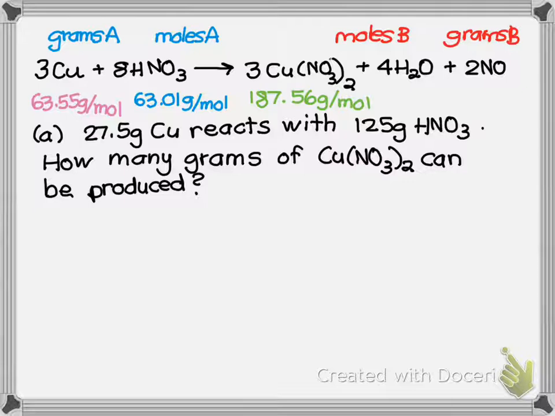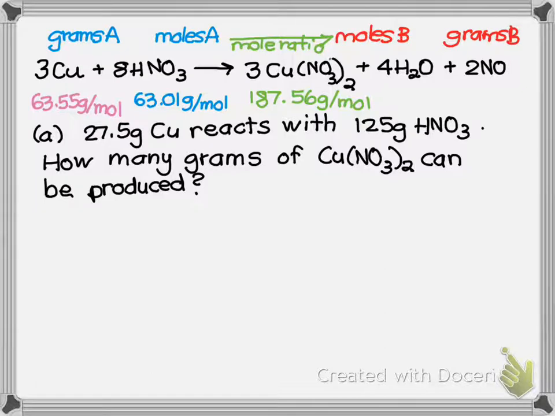Now, in order to go between these different units, to go from moles of one substance to moles of another in a chemical equation, we use the mole ratio that we can determine using the coefficients in the balanced equation. And in every stoichiometry problem, that ratio is used.